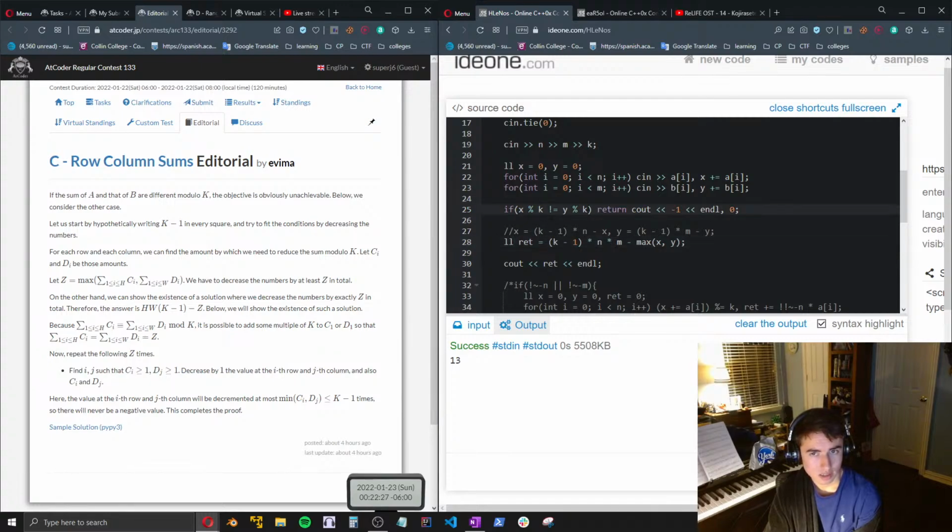If x percent K is not equal to y percent K, max C of I. Sum of C of I. Wait. No. If we add this line back in, K minus 1 times N minus X. That's the exact amount we need to reduce it.